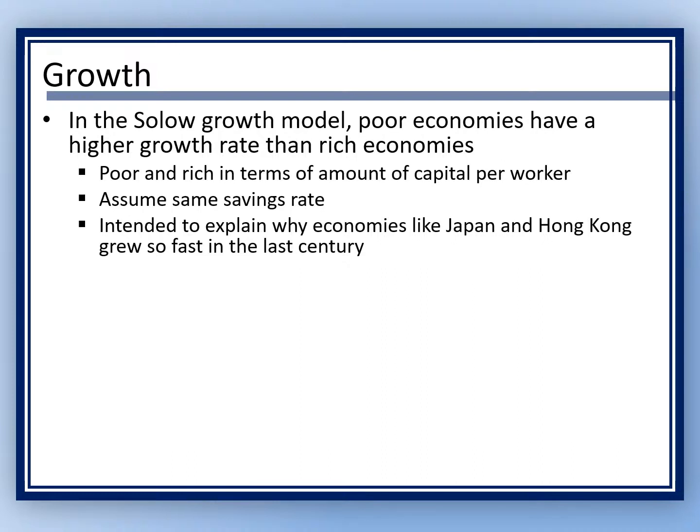So, assuming that you have two countries with the same savings rate, the fact that you're poorer would mean that you grow faster. Right. So that's one possible explanation for why economies like Japan and Hong Kong grew so fast in the last century. Well, you know what?